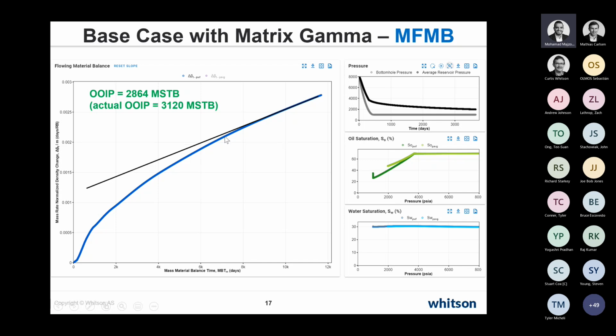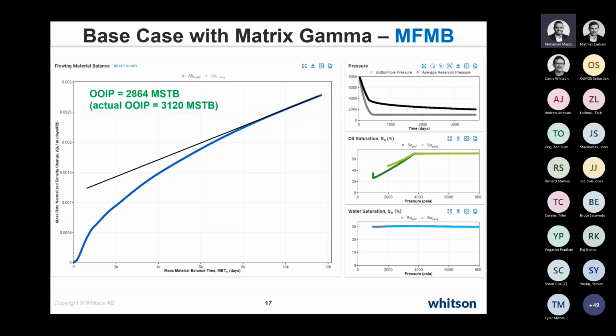And as we remember from what Matthias said, the multi-phase flow material balance method will give you the volume that it has observed, the volume that has actually reached boundary dominated flow. And in the case in which your permeability is lower, you'll expect it takes longer to reach boundary dominated flow. So that's what we're seeing here.